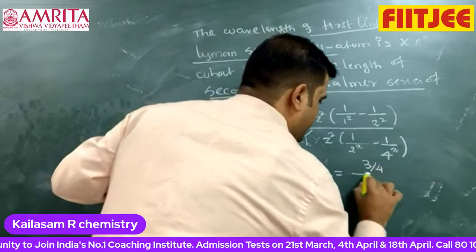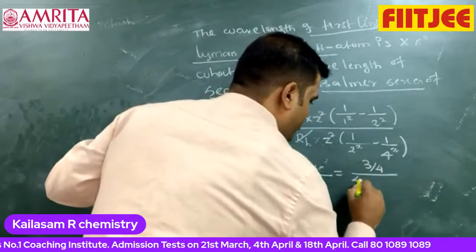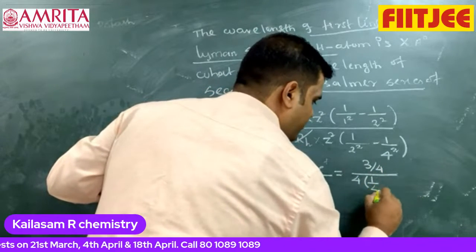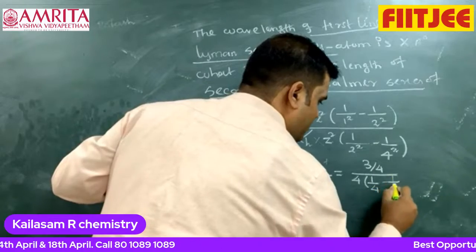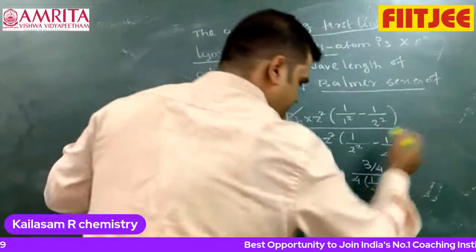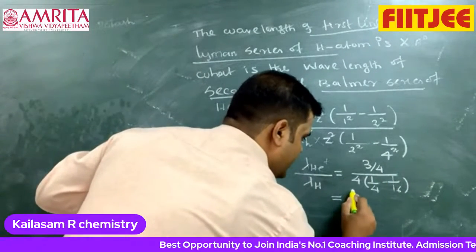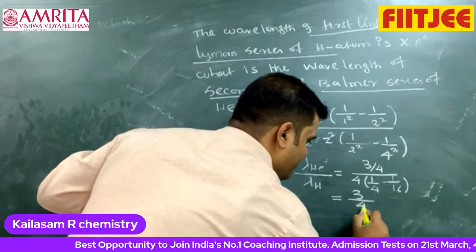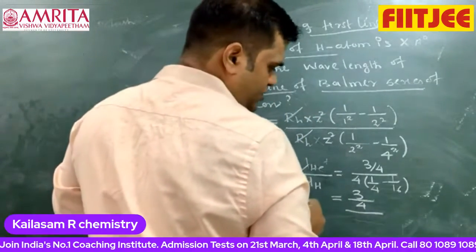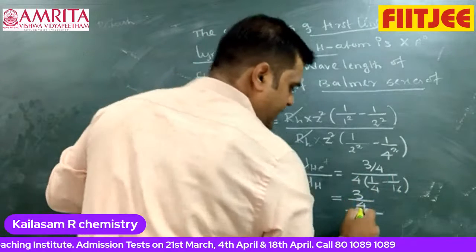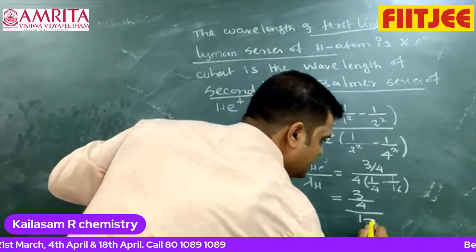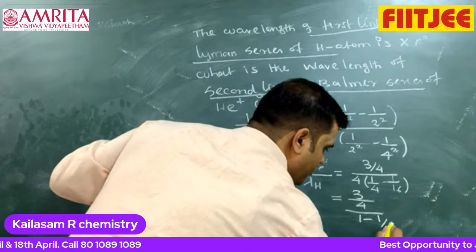3 by 4 divided by 4 times (1 by 4 minus 1 by 16). Taking it inside, we get 3 by 4 divided by (4 by 4 minus 1 by 4).